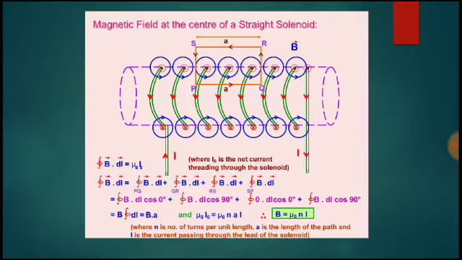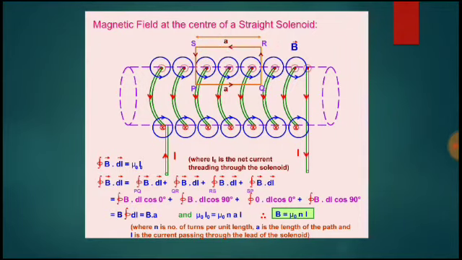And the third one, it is zero: line integral of 0 into dl cos 0. Why is B 0 here? Because the third side, RS, is outside the solenoid, there is no magnetic field, that's why B is 0 here.